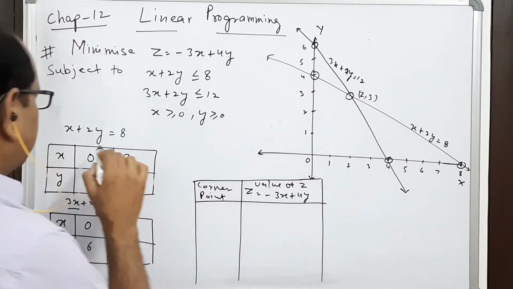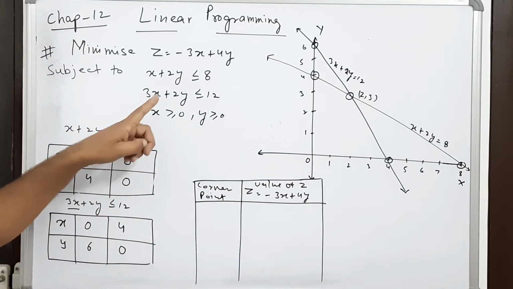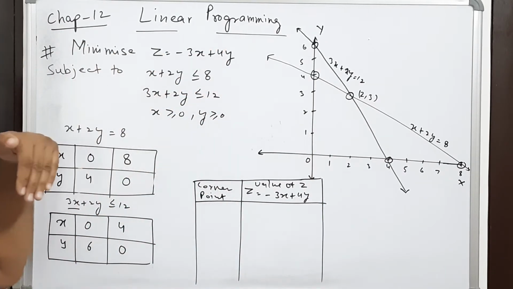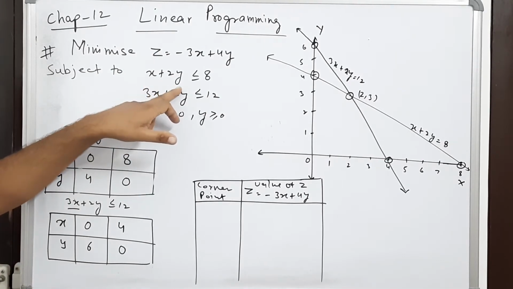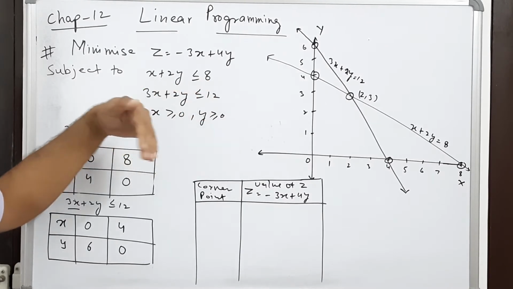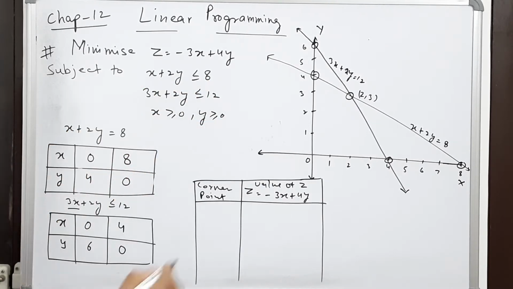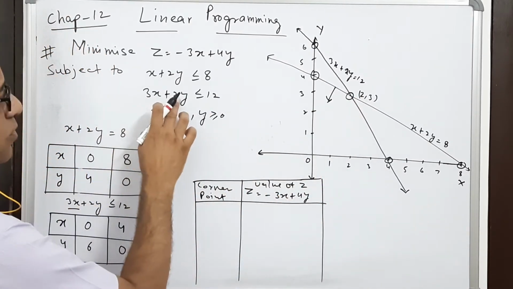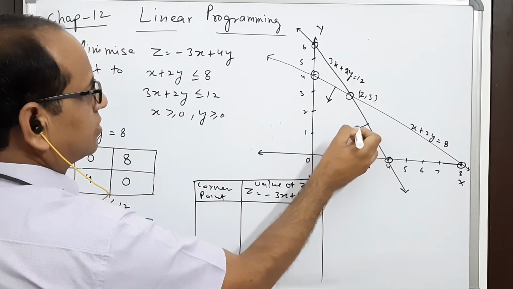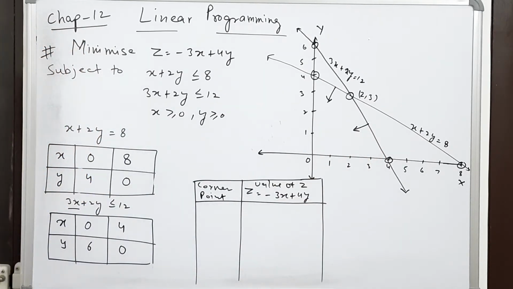Now we are coming to the important part, that is shading. In this, if you put x equals 0 and y equals 0, 0 plus 0 is less than 8. Yes, it is less than 8, so it will be towards the origin. Here also if you put 0, 0, 0 will be less than 12, so it will be towards the origin.